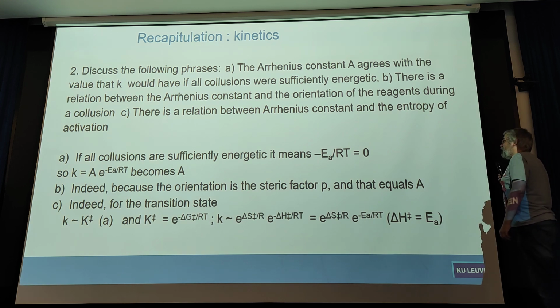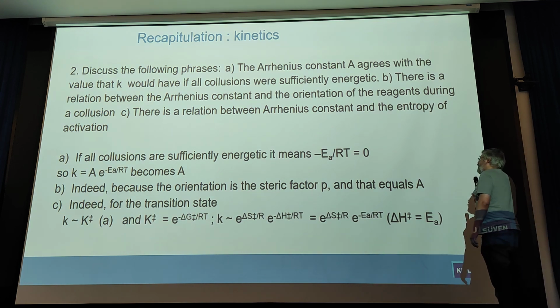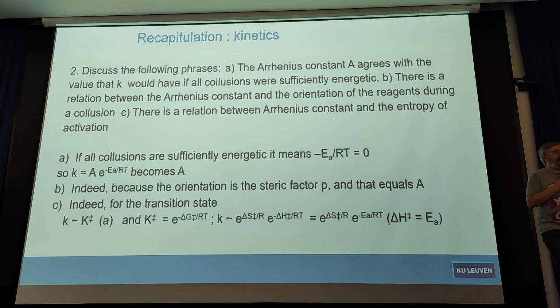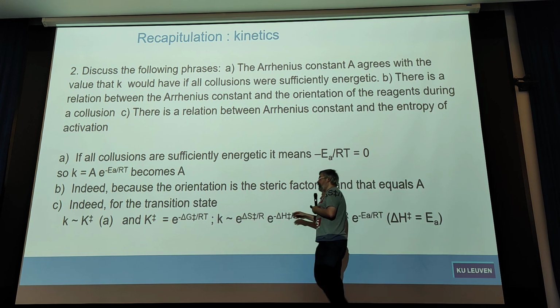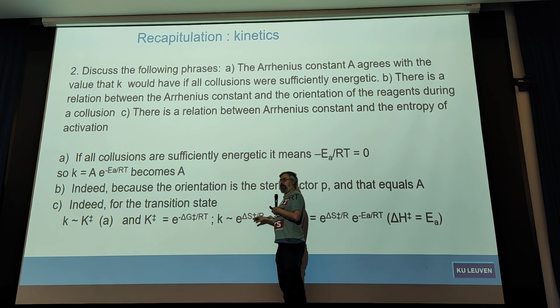And then the third statement is that there is a relation between A, the Arrhenius constant, and the entropy of activation. And also that we have seen in the theory, that entropy of activation, delta S double dagger, is a part of the free energy of activation here. Which is actually independent.